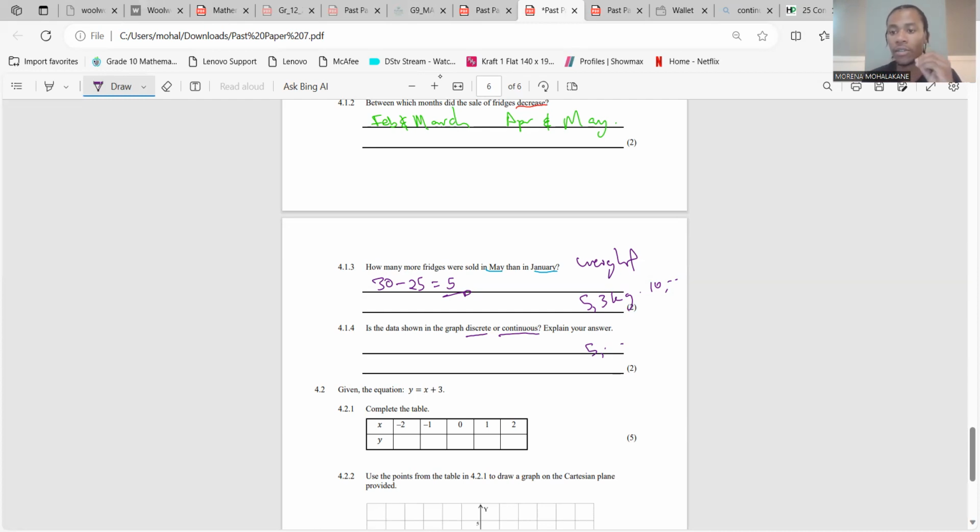So that's the discrete. The discrete is like elements counting, right? There's things that you can count. Discrete, but they cannot be continuous. Something that can be continuous can be things like temperature.